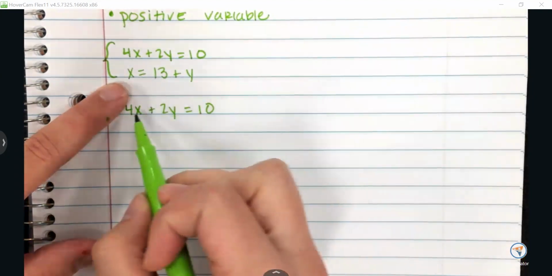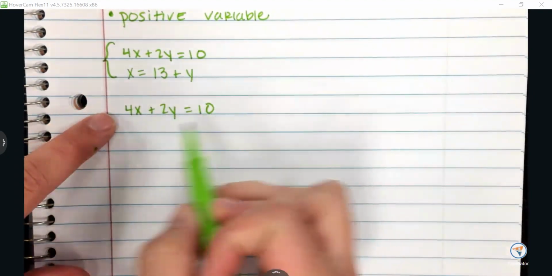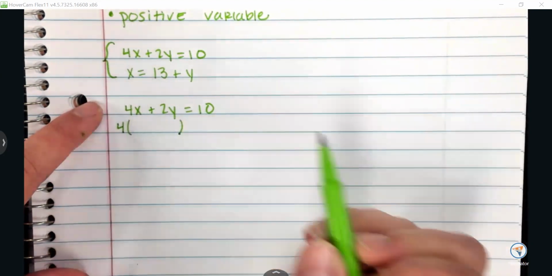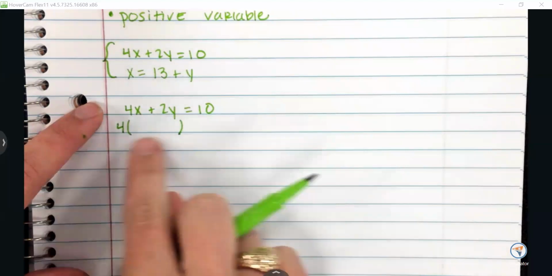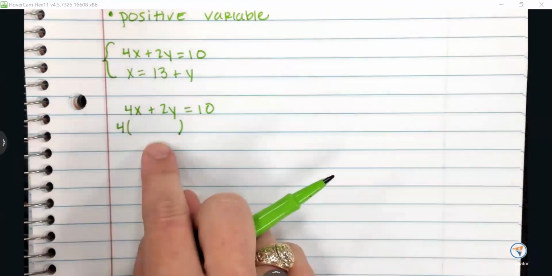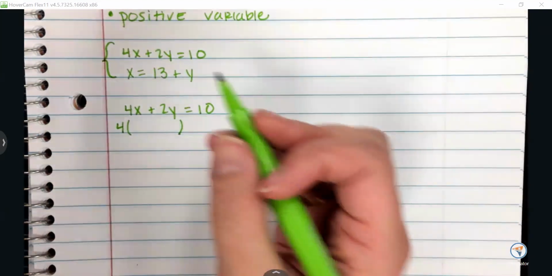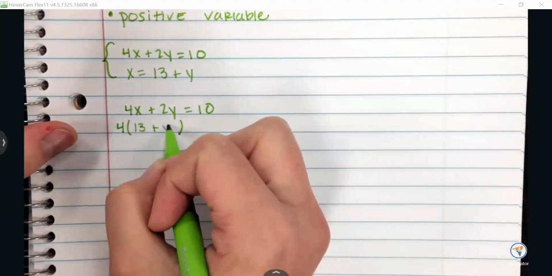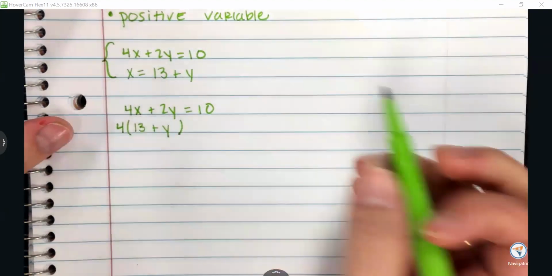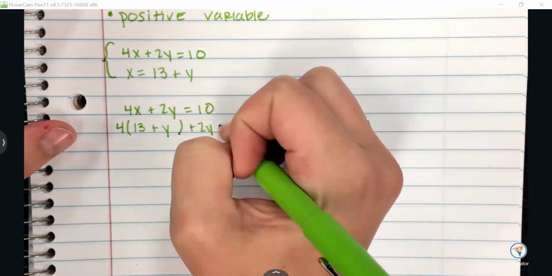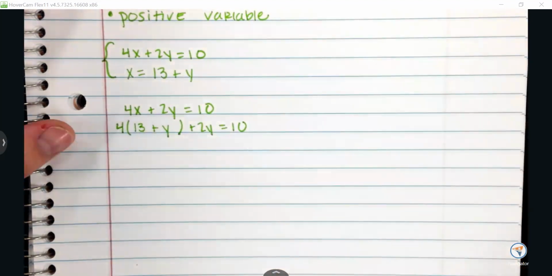So I'm going to rewrite my equation. 4, x, look what I did. I put in big parentheses because I'm taking out x. What am I putting there instead? 13 plus y. And then keep writing the rest of my equation. Plus 2y equals 10.